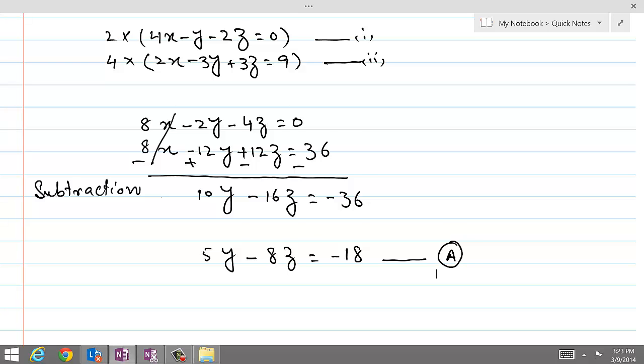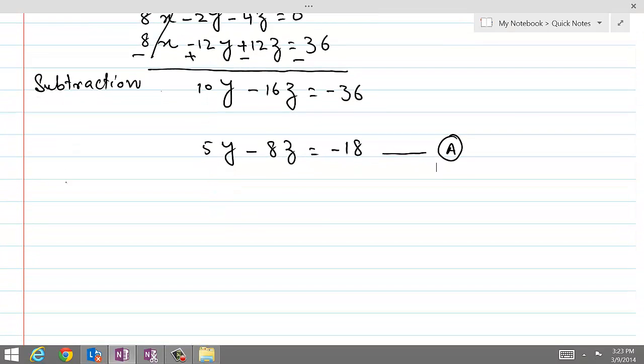The group 2 equations for elimination are as follows.